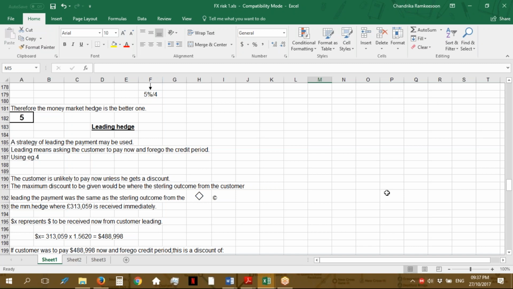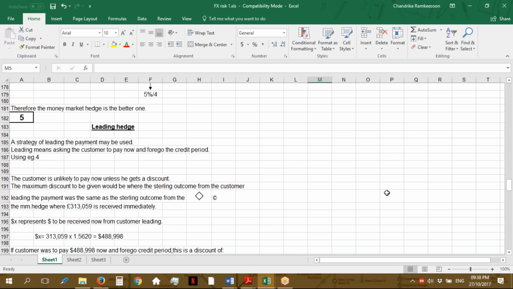Whether they choose to accept it or not is not your problem in the exam. Remember, you are hedging. You are the exporter. The reason we say a maximum is because once we get this, we will probably want to offer him anything less than this. But this is a maximum. The other reason we work out a maximum is because we need a specific figure to work with. Remember at this point, you've already determined the money market hedge was the better one.